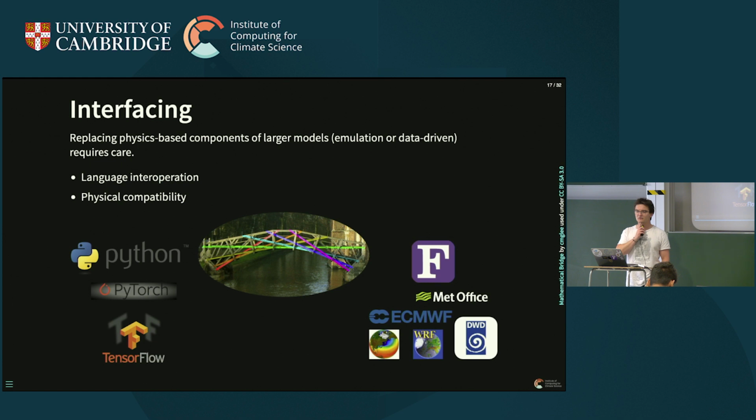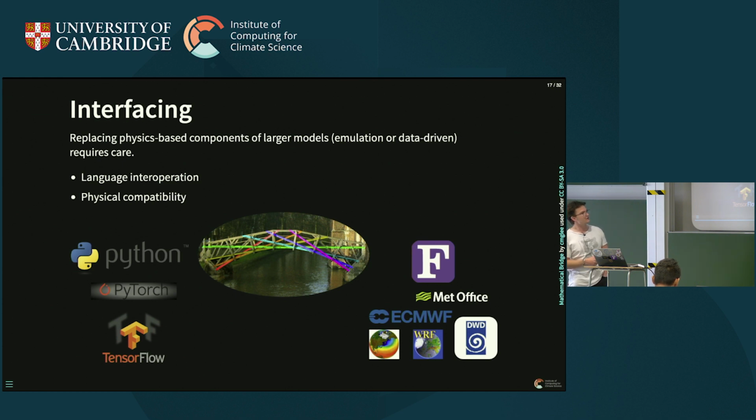And as we've seen, there are a lot of very nice machine learning frameworks that are typically written in Python, so TensorFlow and PyTorch. But the vast majority of our big models are written in some other higher level language for reasons of speed and efficiency.